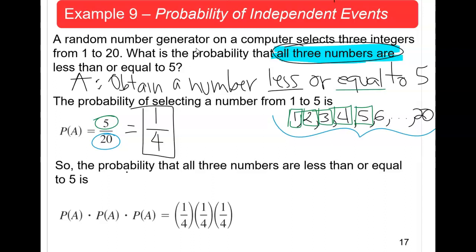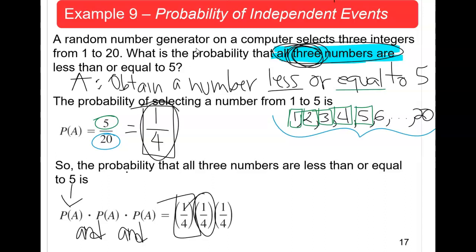Now, if we want all three of those numbers that are generated randomly with a computer, we will have to do a multiplication. For each one of those, we have 1/4, as you can see here. So the probability that you get a number in that category is 1/4, and that you get it again is also 1/4, and that you get it again is also 1/4.